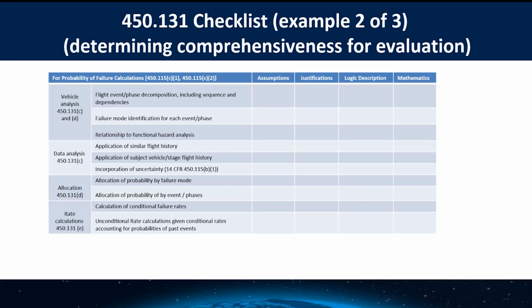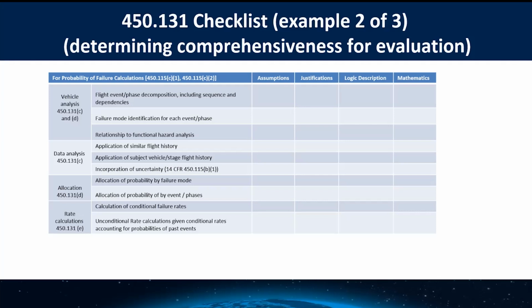The next step is discussion of the mechanisms that allocate to lower levels for 450.131D, and particularly to the individual failure modes that turn those then into time rates, likelihood of failures as a function of time. Typically that is per second.